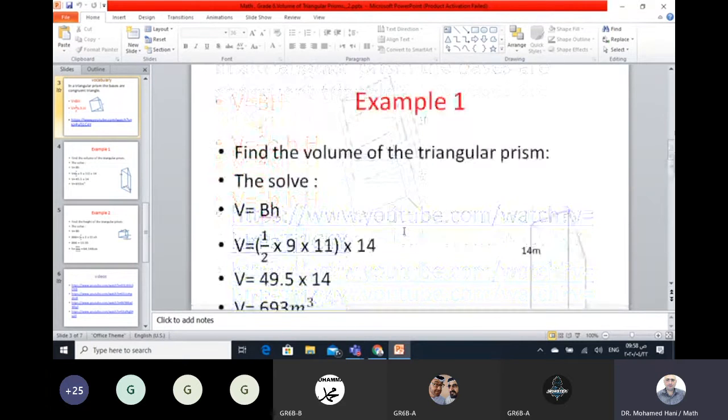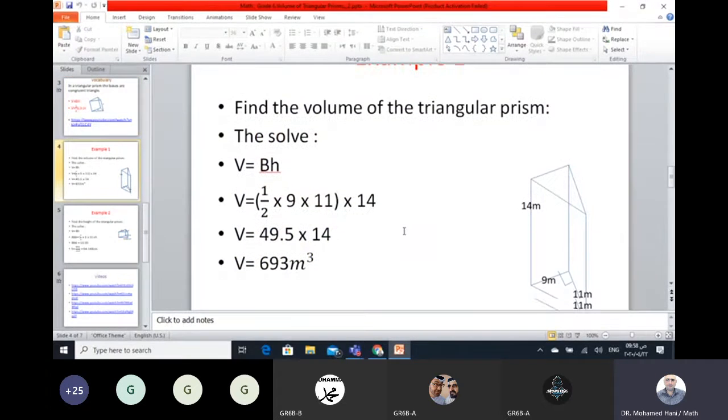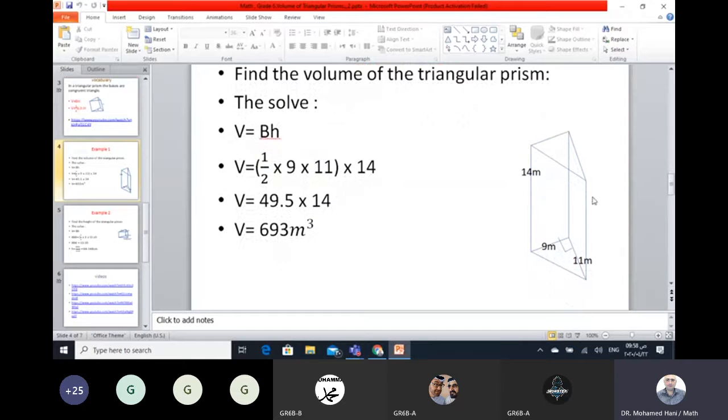Example number 1. We have this prism. The kind of this prism is triangular prism, because the base is a triangle. Before you start to solve, read the information. Know what is the information inside the question. As you see here, we have the base triangle. This 9 is the base of the triangle, and this 11 is the height of the triangle.